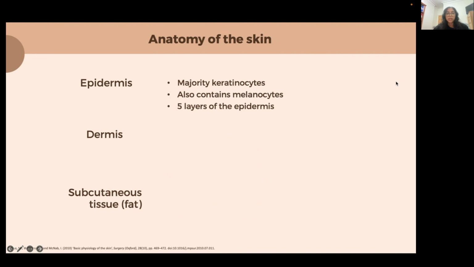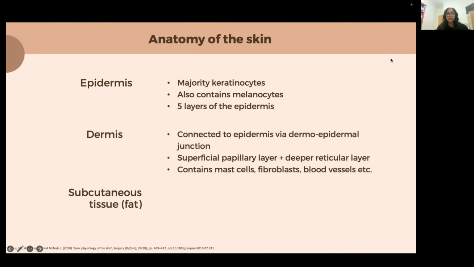Starting off with the epidermis, it is a majority made up of keratinocytes. It also contains melanocytes, which are responsible for creating the pigment in the skin. And then the epidermis can be divided into 4 or 5 different layers, and I'll go into those layers in a second. Then we've got the dermis.